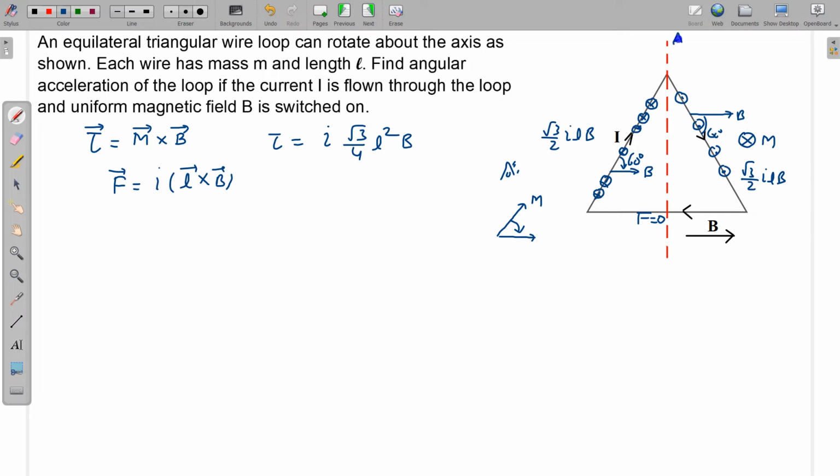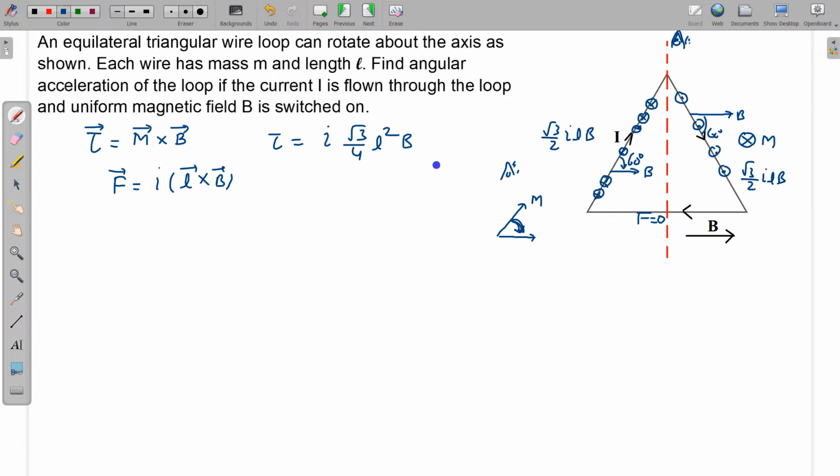If we look from above, the torque will be clockwise, as we can see from this diagram also. So obviously it is going to rotate.